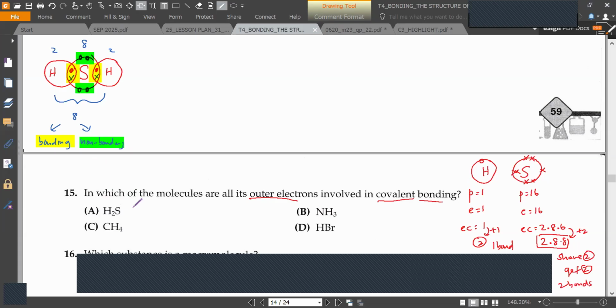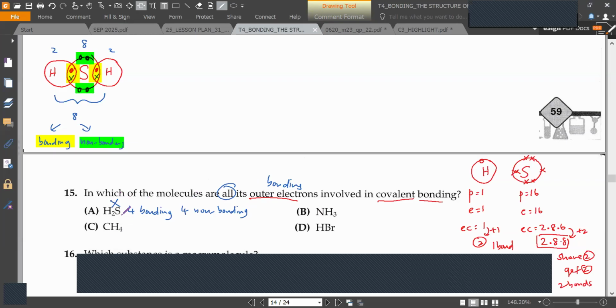So this one is for bonding, and this one for non-bonding. We want all bonding. So this is no.